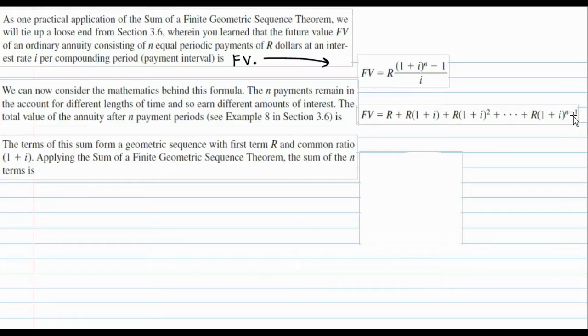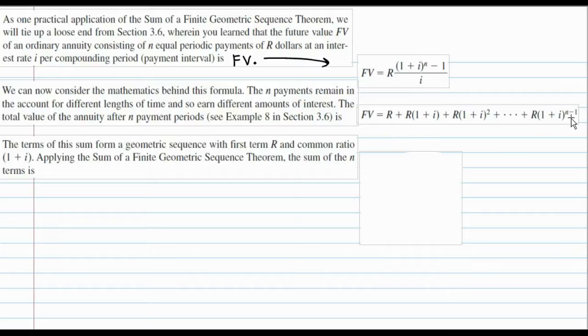So n minus 1 months. It collected interest n minus 1 times. Then the next one, n minus 2 times, etc., until the third to last payment only collected interest for 2 months, the second to last payment only collected interest for a month, and that last payment didn't collect any interest at all. It was just your last payment, and you had finished saving up what you wanted to save.